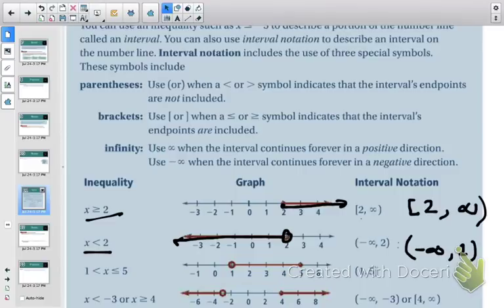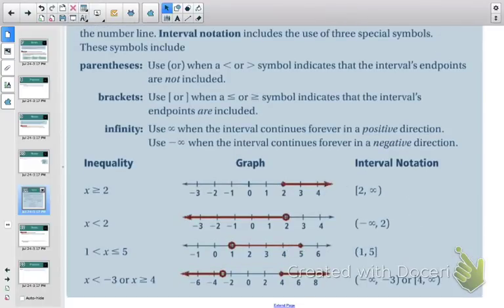Now, when we have our compound inequalities, let me scroll down. This one says x is between 1 and 5. So we're going to start at 1. It's an open circle. It stops at 5 with a closed circle. We're shading everything in between.